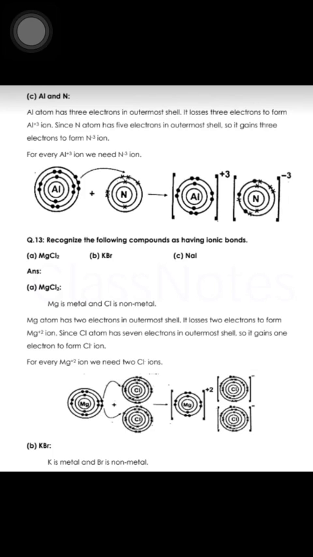Now we will discuss magnesium chloride, potassium bromide, and sodium iodide. When we are talking about magnesium chloride, as we know, magnesium is a metal, chlorine is a non-metal. We already studied it during your class, so you don't need to write it down again. You just have to learn it and understand how it is formed. Similarly, potassium bromide you haven't done, so we will discuss it here. Potassium is a metal and bromine is a non-metal.